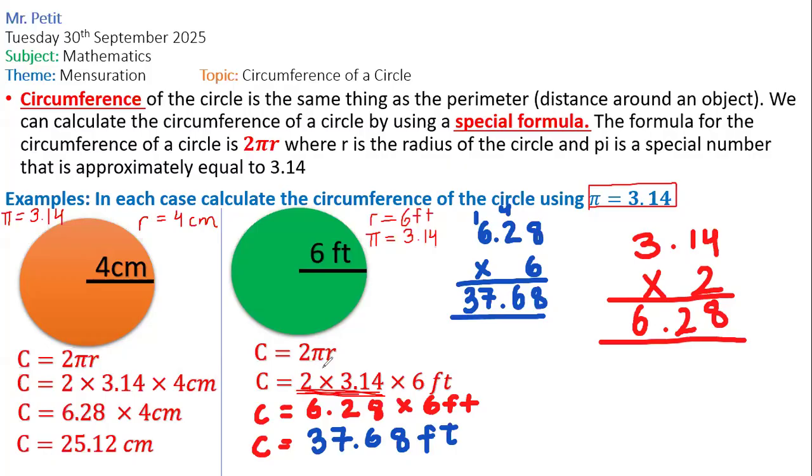You have to use the formula and then you multiply. So we use the formula. Where we see pi, we put 3.14, right? And for the r radius, we put 6, right? And then we do 2 times 3.14, which gives us 6.28. And like you said, we just do 6.28 times 6. Make sense?